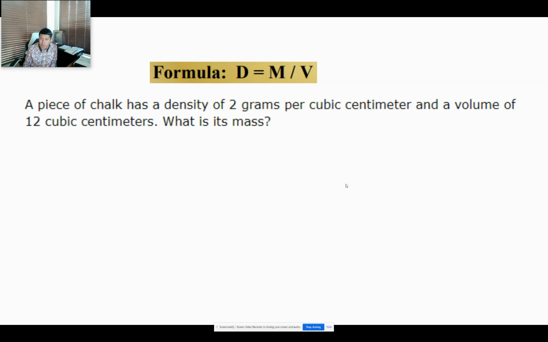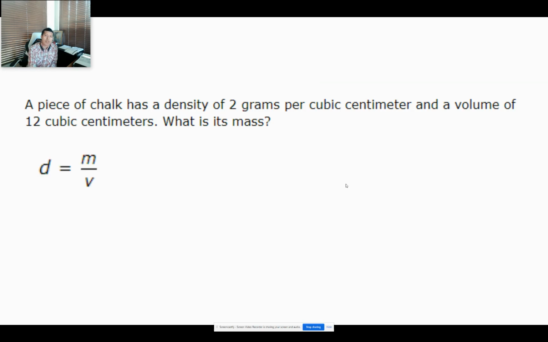So let's be careful in analyzing this problem. We have to know what are the known or the given and what's the unknown. All right, so what are the knowns? What do we have in here? We have the density, which is 2 grams per cubic centimeter.